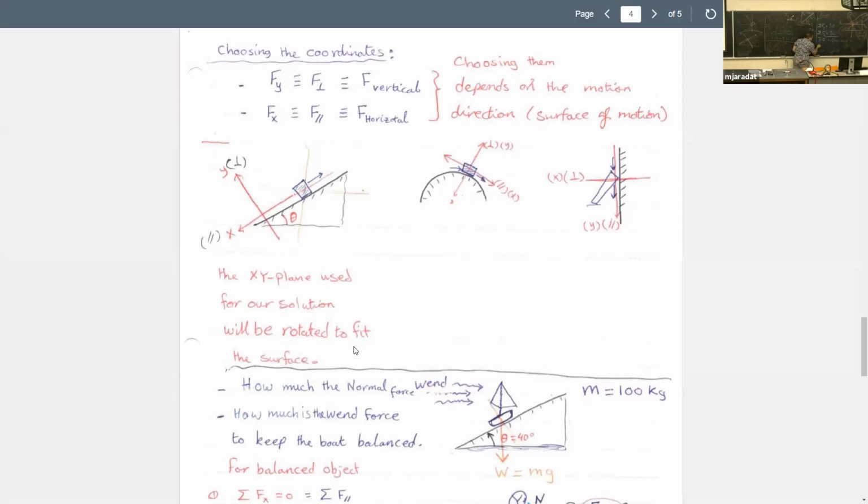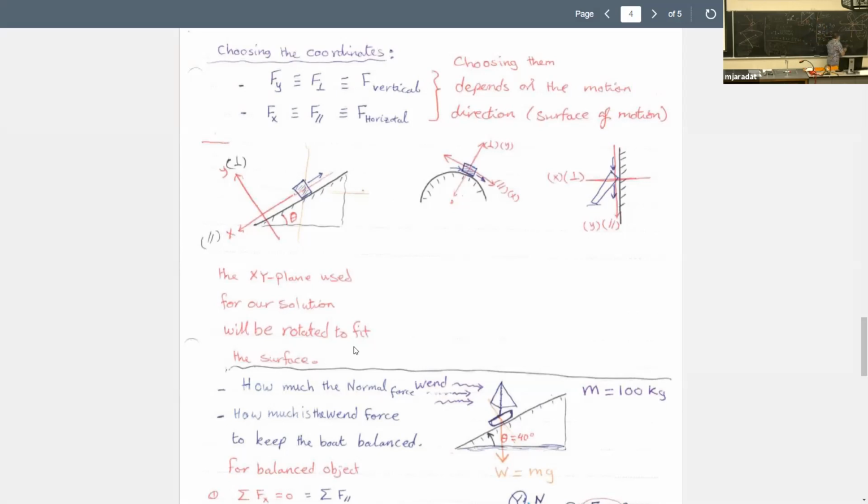In the x direction, we have 0 equal to the normal force. Sorry, this is x. This is y, right? I'm sorry for that. 0 equal to the normal force, positive direction, minus two forces, F sine theta, which is F applied, and minus weight cosine theta.